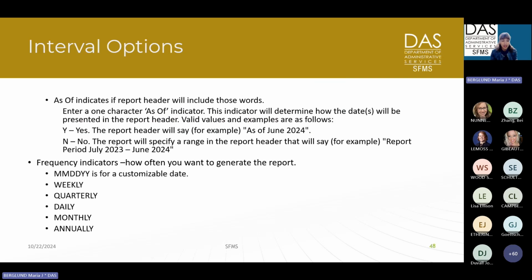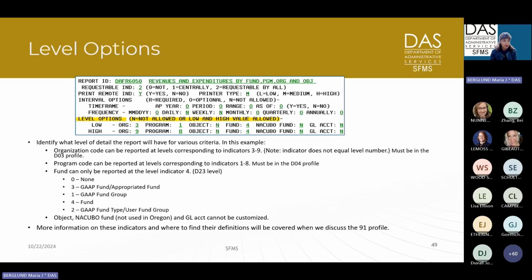Specifically at year end, I noticed this is a very important indicator, because at year end close or biennium close, sometimes agencies need a specific report and don't remember exactly when it runs or what day they will have it. So it is a good indicator to check if you need to clarify when a specific report will run.